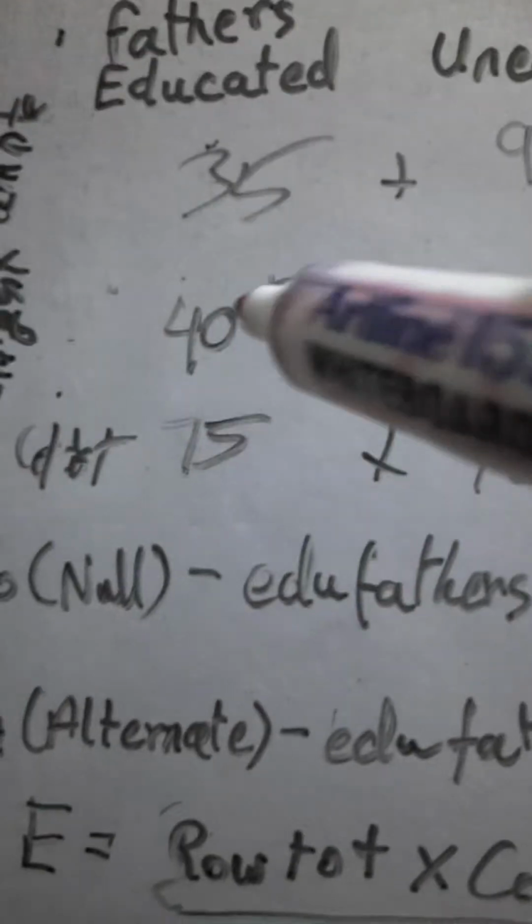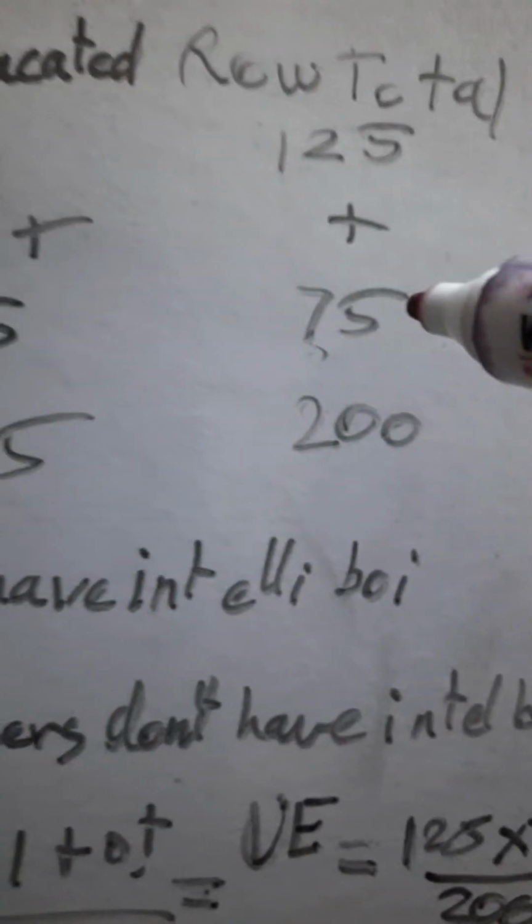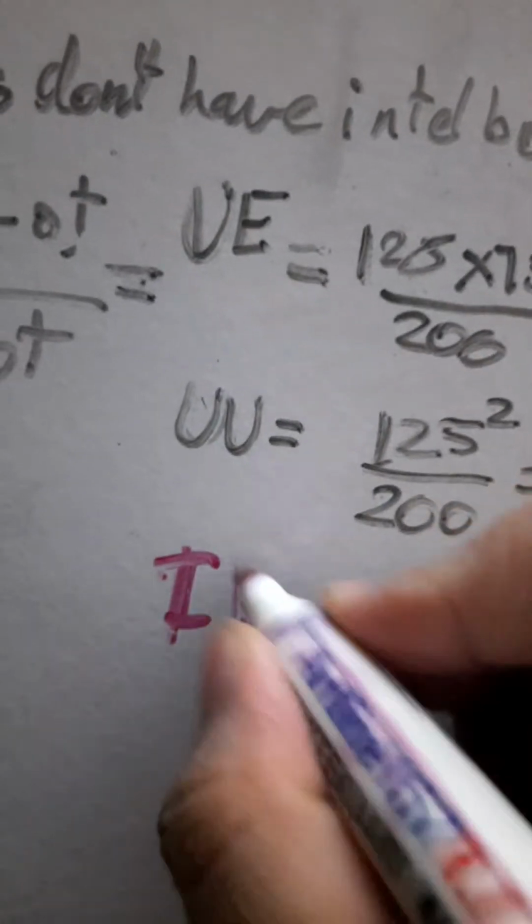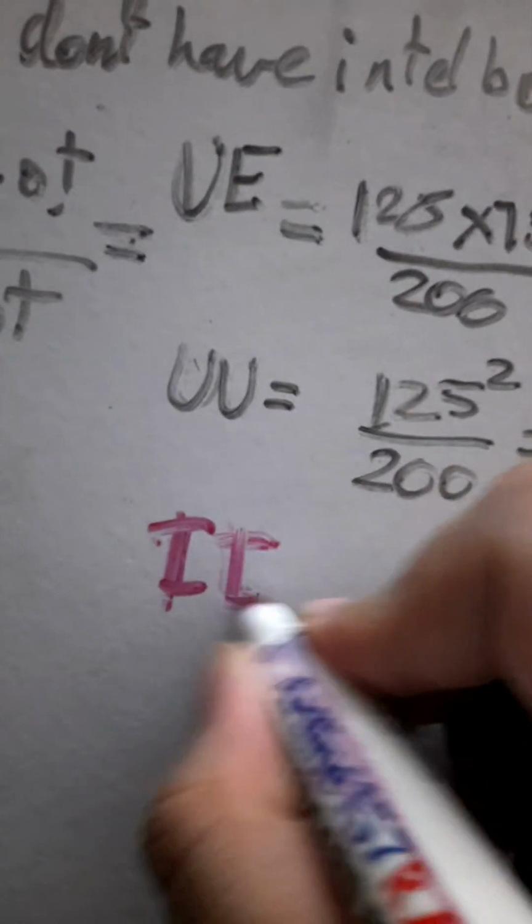So 75 into 75, sorry, 75 square. Let's first write what it is: IE, intelligent son, educated father.